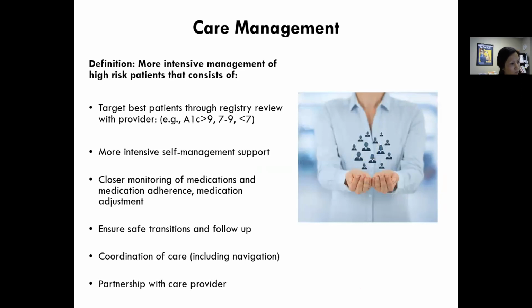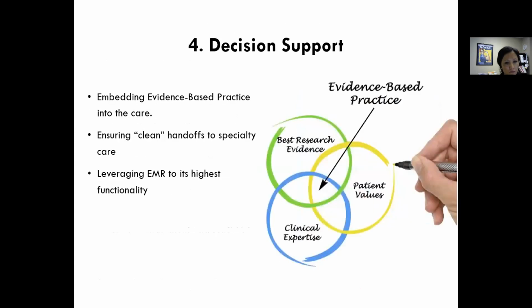So these complex patients need coordination, not only navigation through the system, but complex clinical management as well. And they need a clear partnership with the care provider, whoever is delivering that care management to them.